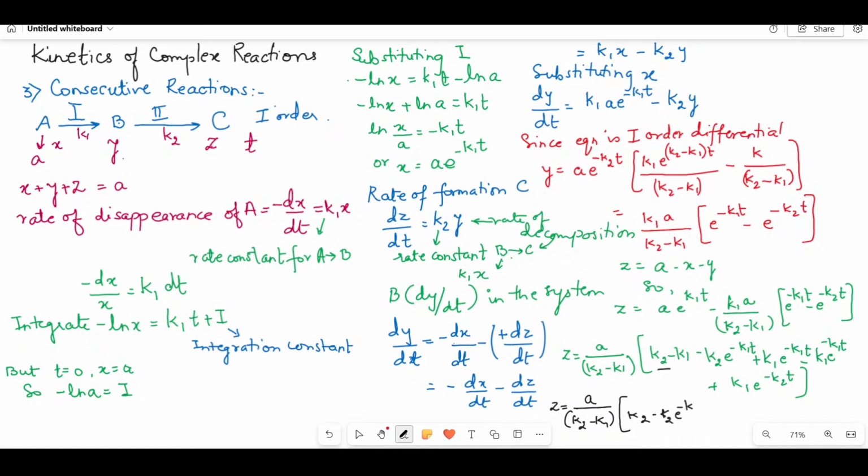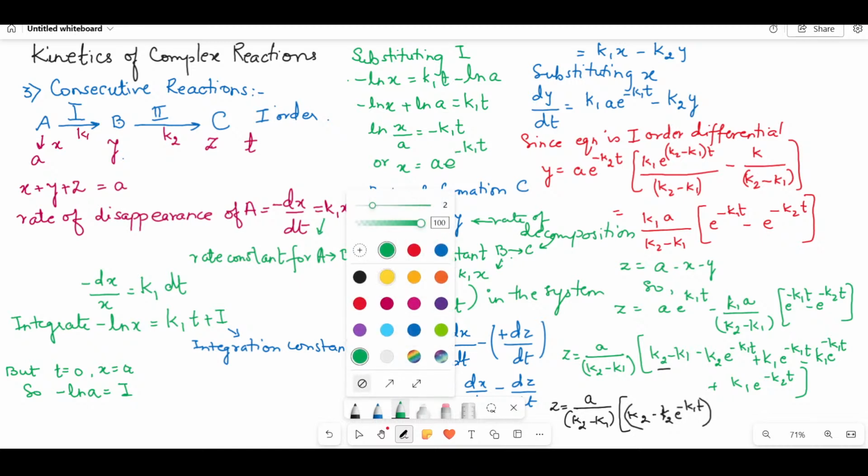k2 e raised to minus k1t, the remaining is k1 and k1 e raised to minus k2t.